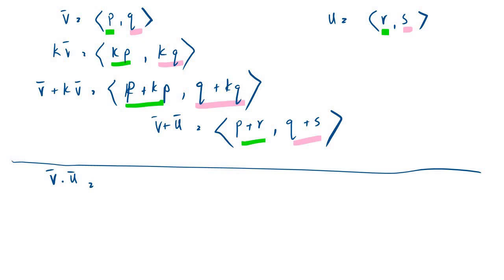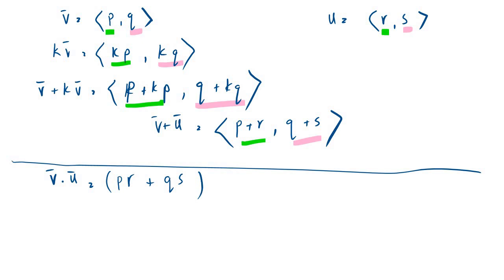So we do not put the pointy brackets, we use normal brackets. So V dot U would be PR plus QS, which is a scalar value.